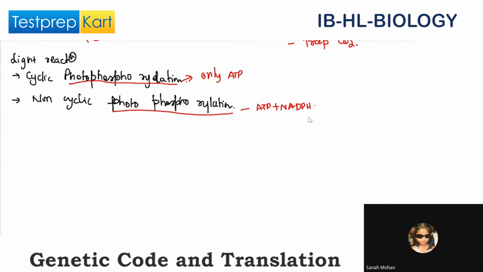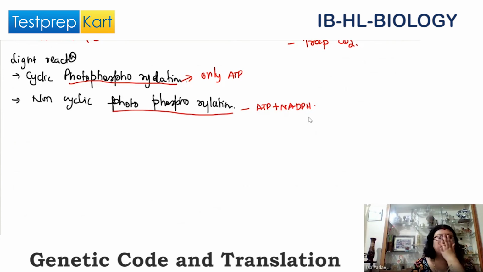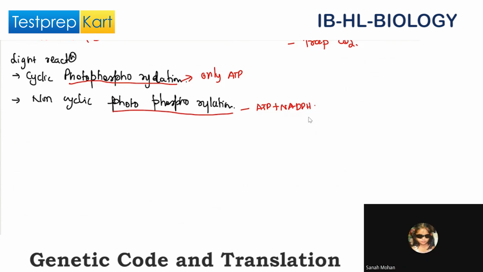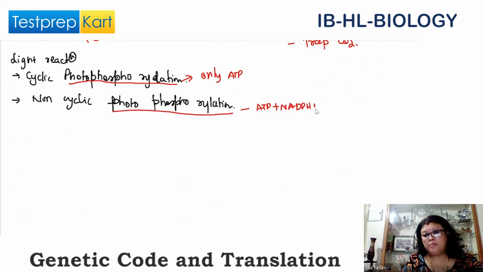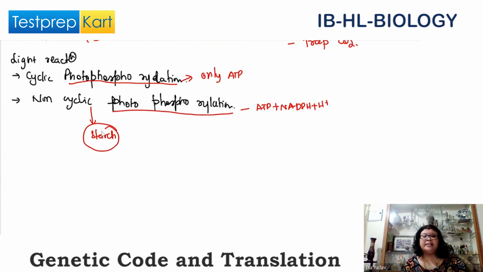Only ATP. Non-cyclic, ATP and NADPH plus H plus. Clear? Ultimately, it is in non-cyclic photophosphorylation that the starch will be formed. Yes or no? And that is the main aim of the process of what? Photosynthesis. Clear or not clear?